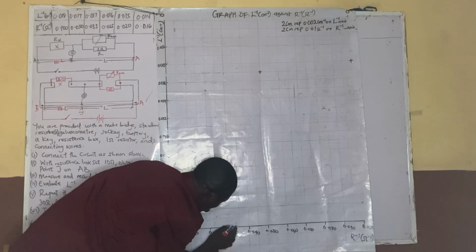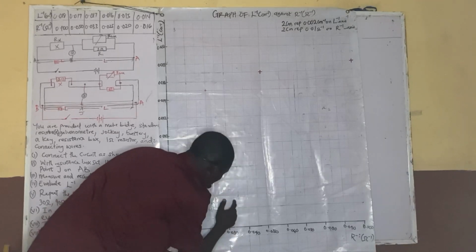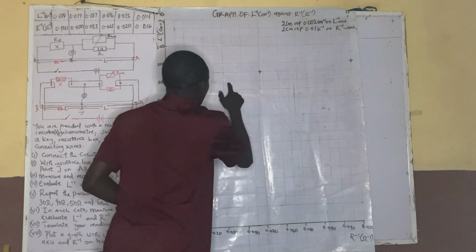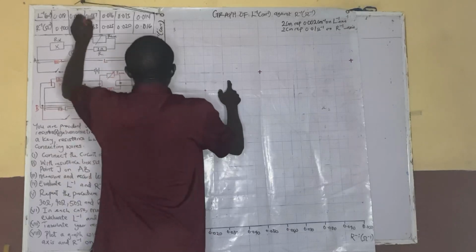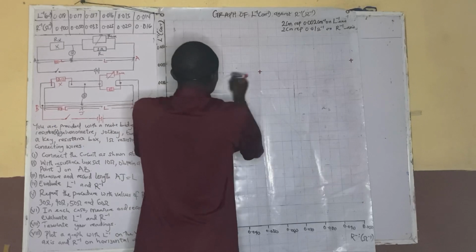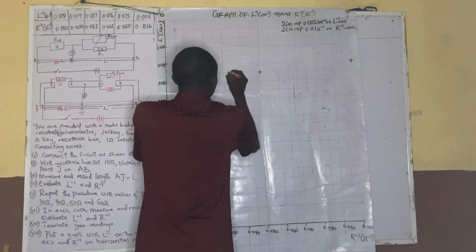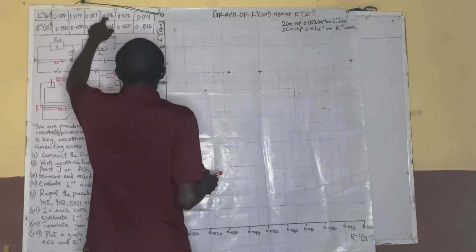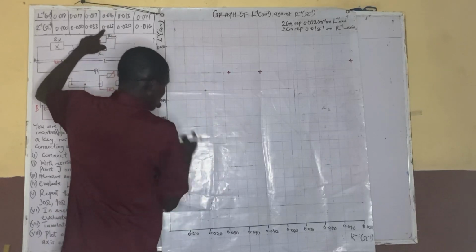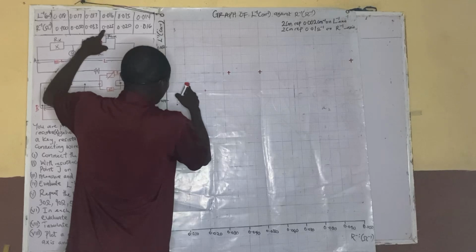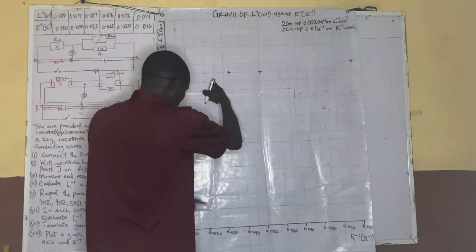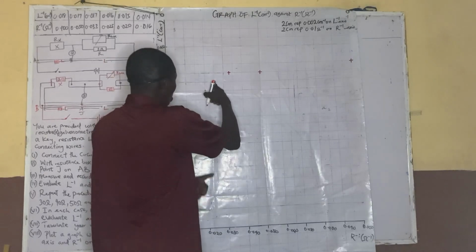So from here now 0.033, you trace it up against the same place. Now 0.016 against 0.25. 0.016 here against what? 0.25. 0.25 will be between 0.02. So we have 0.25 here.